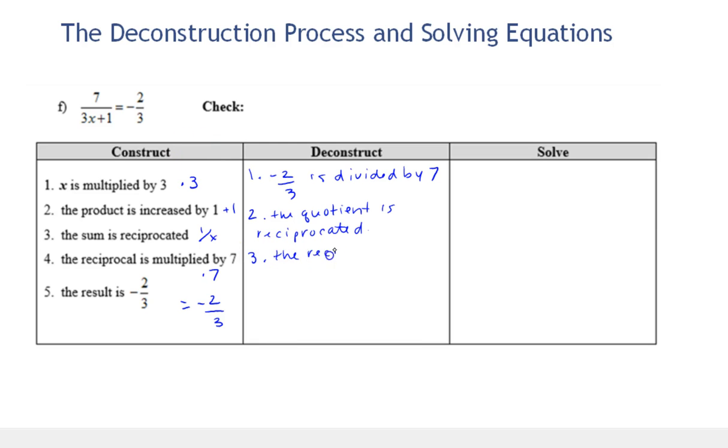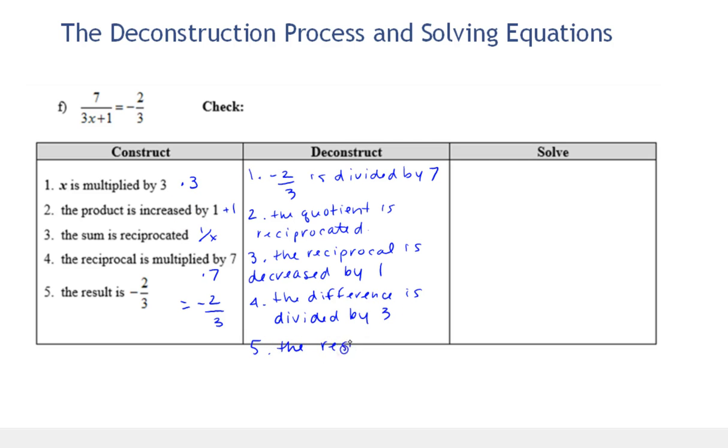So the reciprocal is decreased by 1. And the difference is divided by 3. And the result is x.